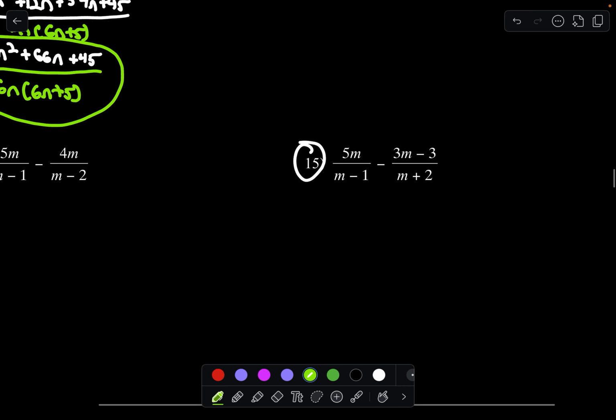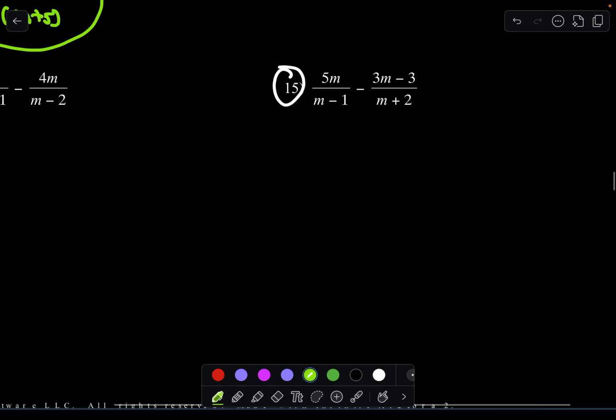Now we're going to subtract, like on number 15. It really is easy when you have these kind. You just take this denominator and multiply it by that up there and so forth. Or you can think of this as the LCD is simply m minus 1 times m plus 2.